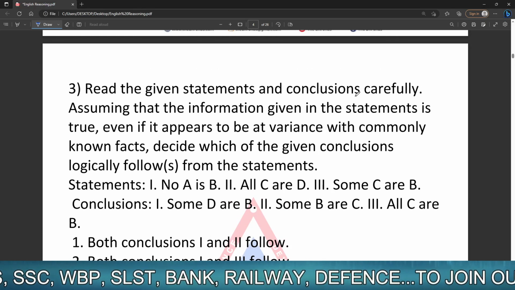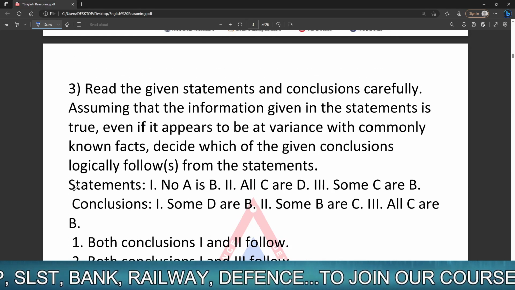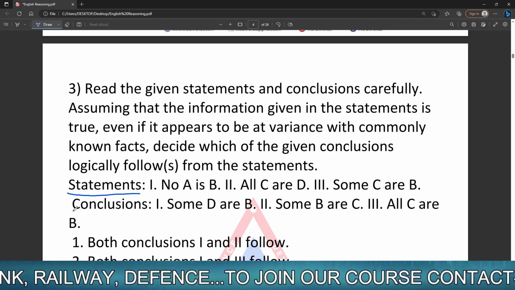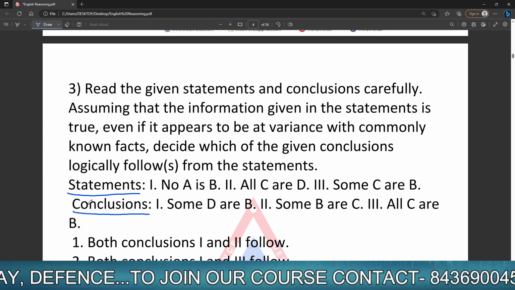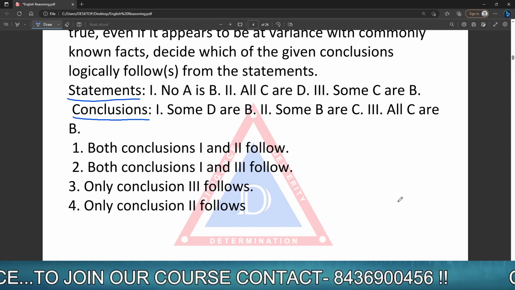Next question is statements and conclusion. What is the question given?